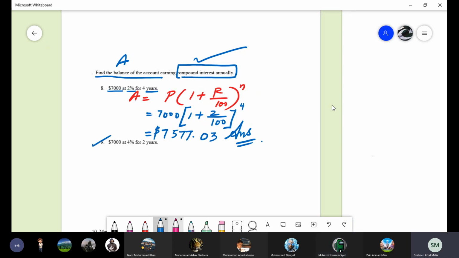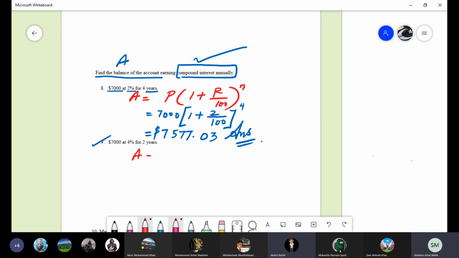Yes, question number 9. Abdul Rafi, solve the question 9, beta. What's the formula?